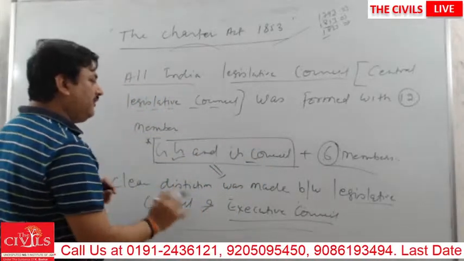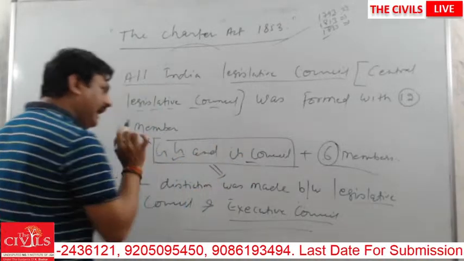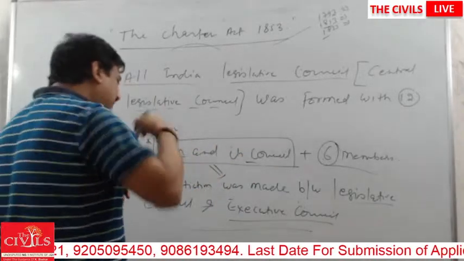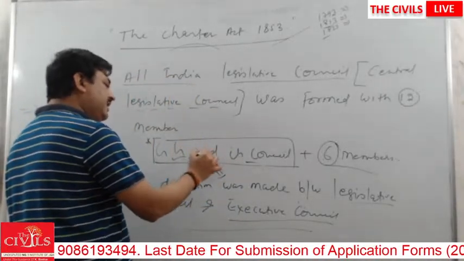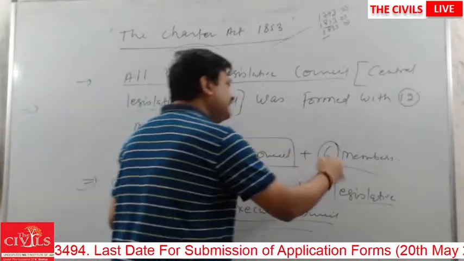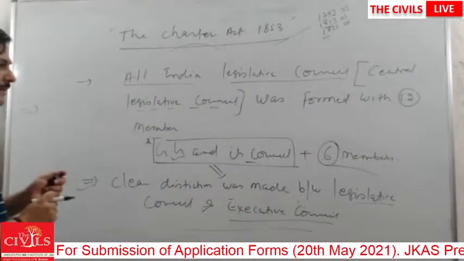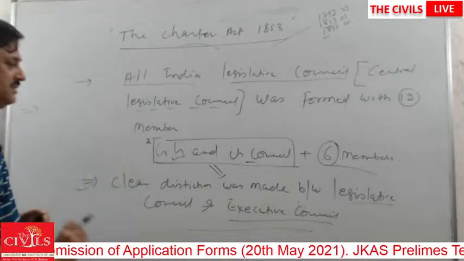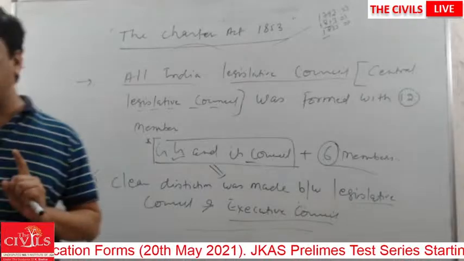So execution of law was in the hand of the Governor General and its Council, and the legislative power was in the hand of the Governor General and its Council plus 6 other members.